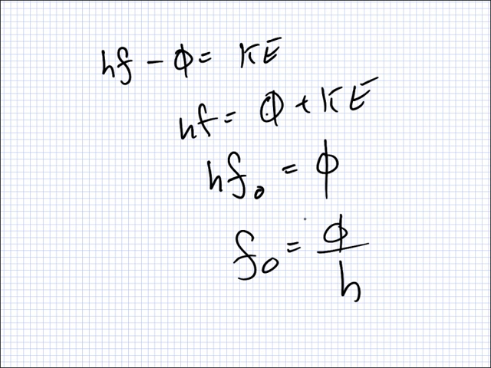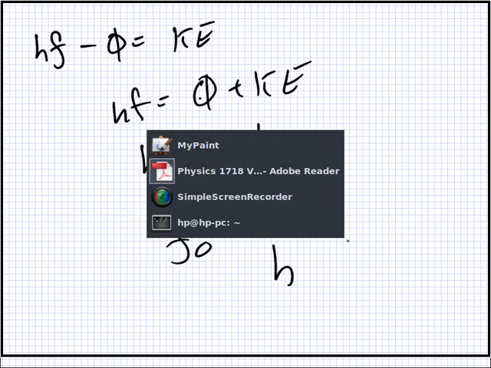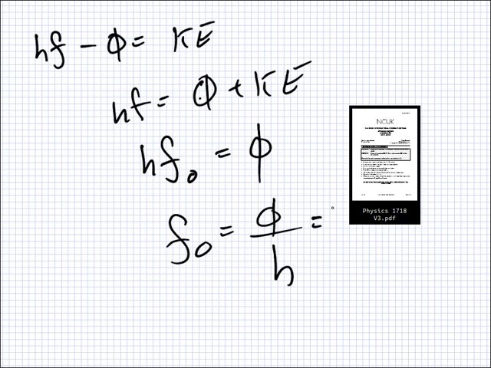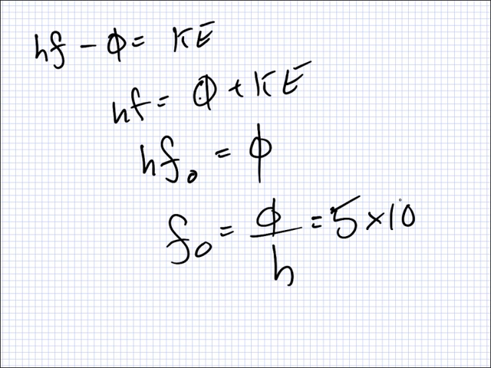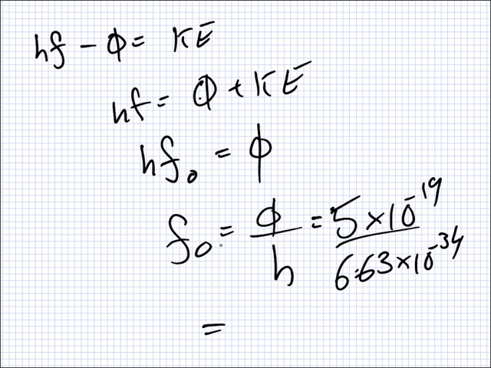So, F0 equals something over H. What is the work function? Is 7.54 times 40.